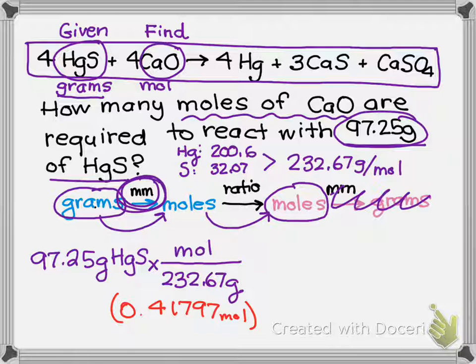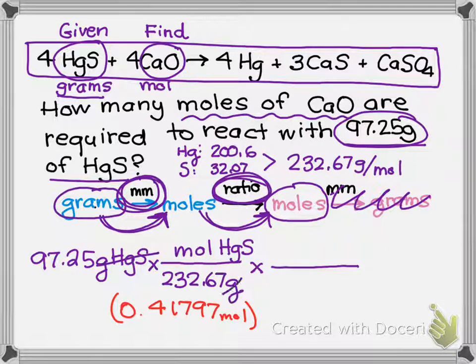That's kind of what you would have right now. Now, my personal preference is to do these as continuous problems, so I would do step 1, and then instead of solving for an answer, now I would see, okay, now I need to multiply by the ratio, and I would just set it up here now. So I know I've canceled out my grams of mercury sulfide, and I have moles of mercury sulfide now.